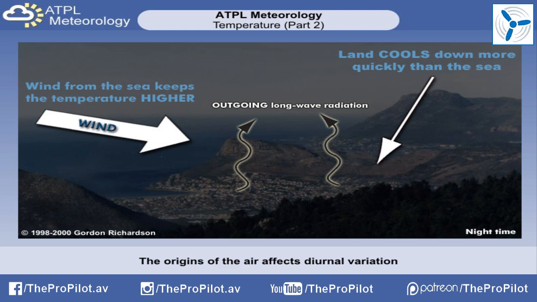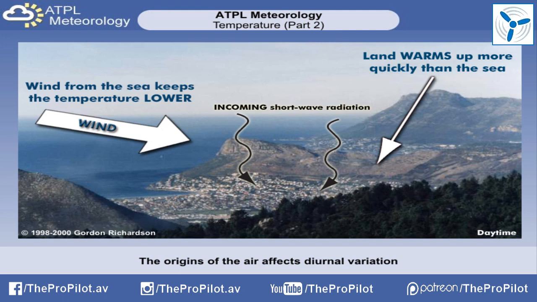At night, an onshore breeze will tend to hold the temperature higher because the sea takes longer to cool down and will generally be warmer than the land. Conversely, through the day, a sea breeze will keep the temperature down because the sea takes longer to warm up. We'll examine local winds at a later stage in more detail.